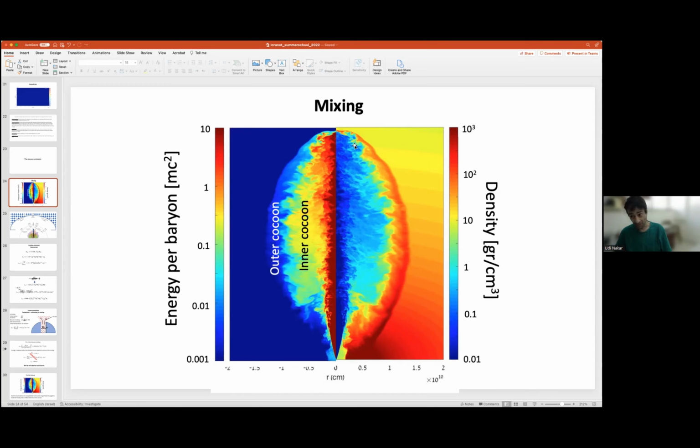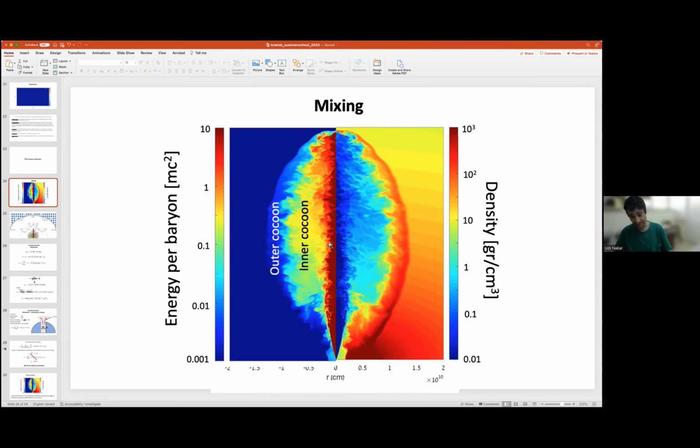What I can tell you is that in a large range of simulations using different codes, and in all of them reaching convergence, we see roughly the same pattern of mixing. And the pattern of mixing that we see is that, if you can see it here better in energy per baryon, the energy per baryon here in the jet is hundreds.